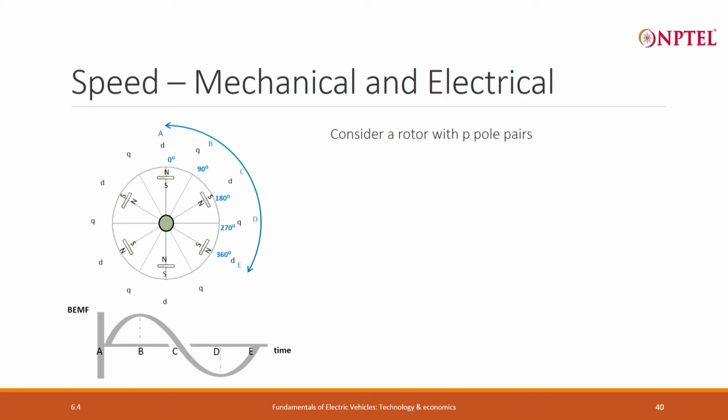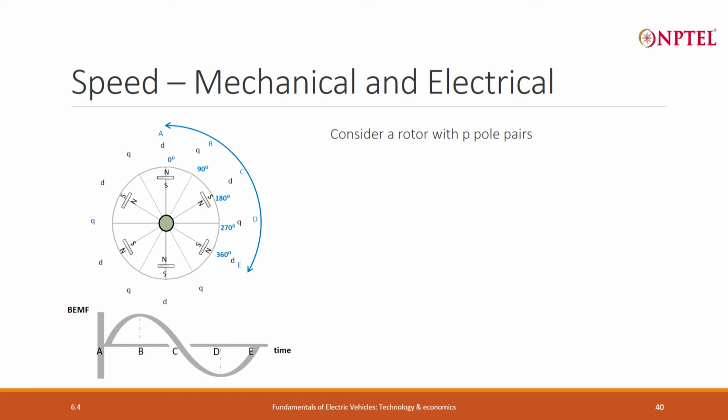Look at this rotor. In this picture I have shown a rotor with 3 pole pairs, because there are 6 magnets. Every time one magnetic cycle is completed, one back EMF cycle is also getting completed. If I rotate this motor by connecting to the oscilloscope, as I showed in the first slide on this section, I will see the back EMF waveform.